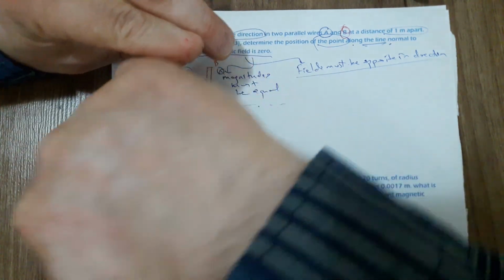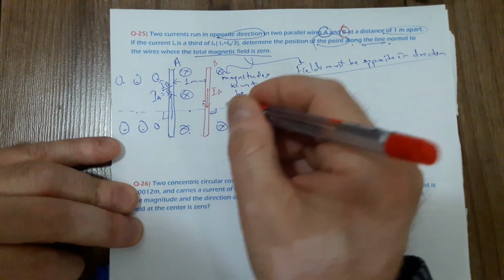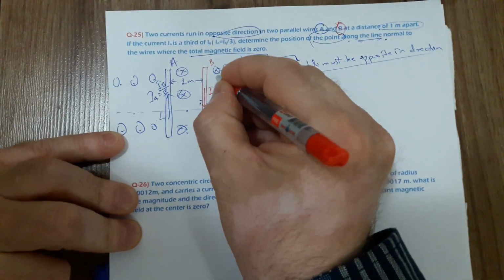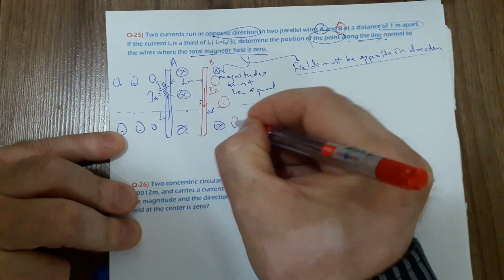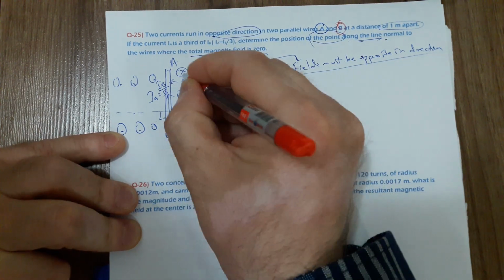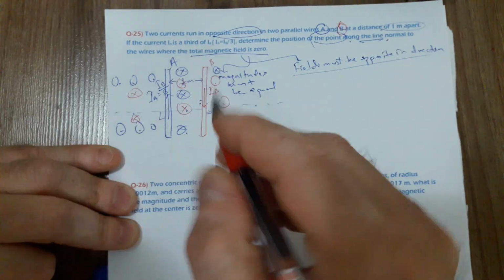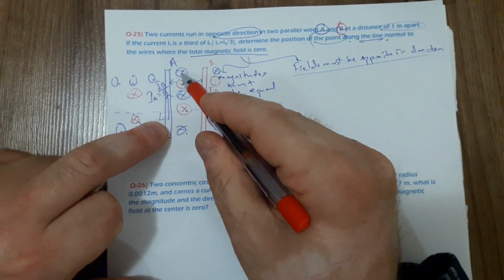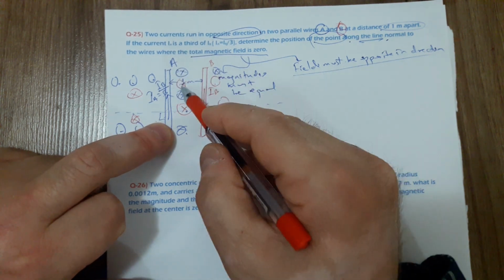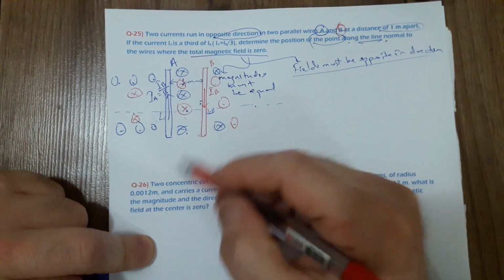On the left side, it is into the page, and on the right side, it is out of the page. Here, on the right side, the magnetic field is out of the page, but on the left side, it is into the page. So if you look, between these two wires, the magnetic fields of A and B are in the same direction. They can never be 0 between the wires.